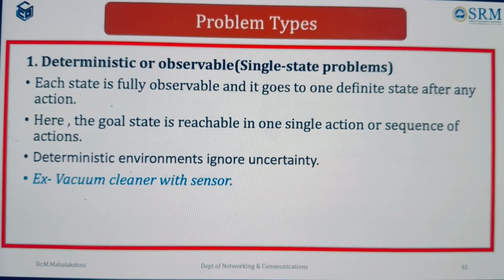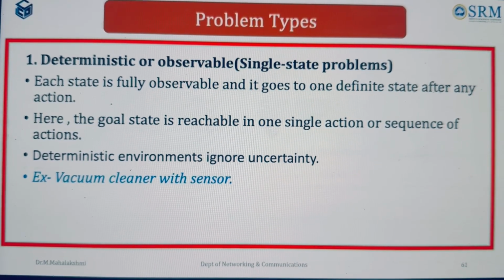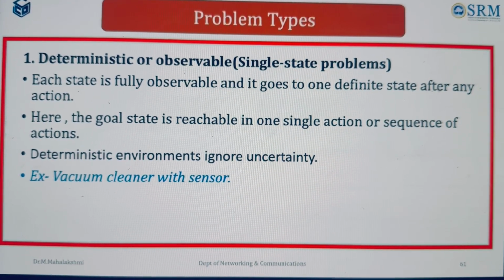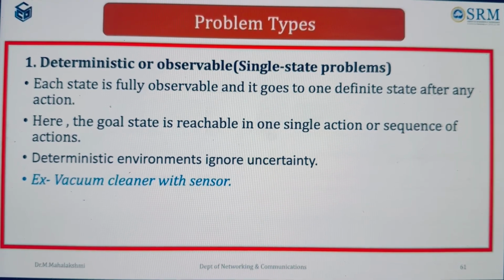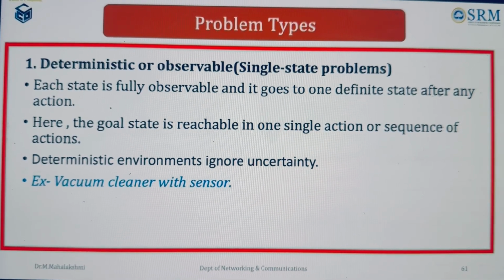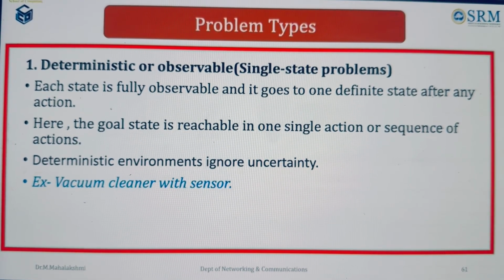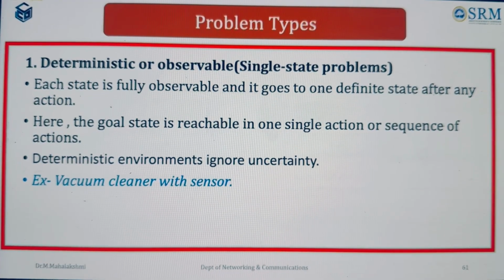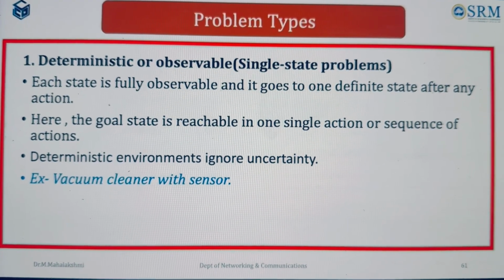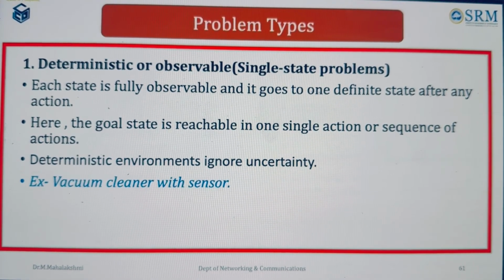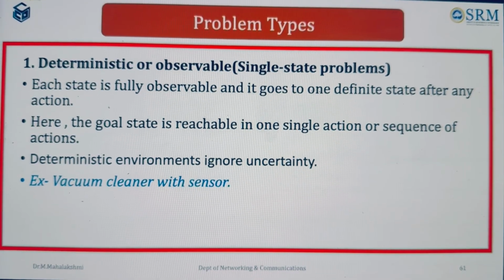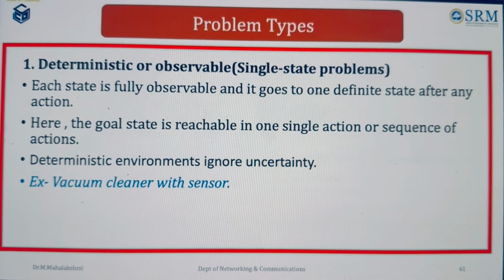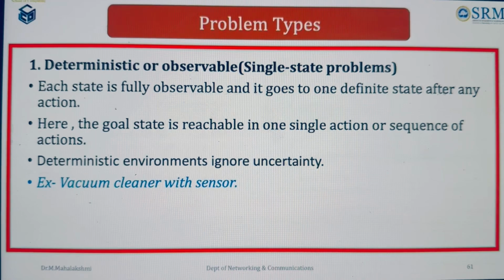Not the outcome. The way you are going to solve the problem, it should be the entire state space, the entire problem space. It should be clearly visible. Okay, ma'am. Like in chess, what is the movement you are going to play? We will not know what steps you are going to play.